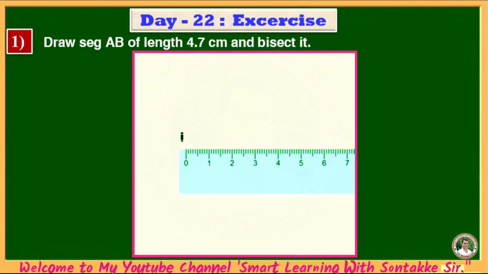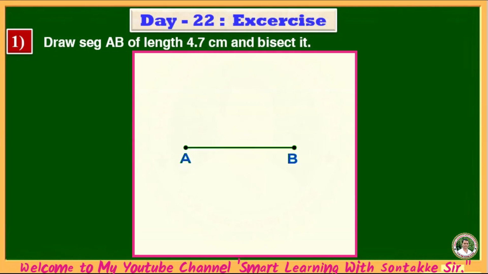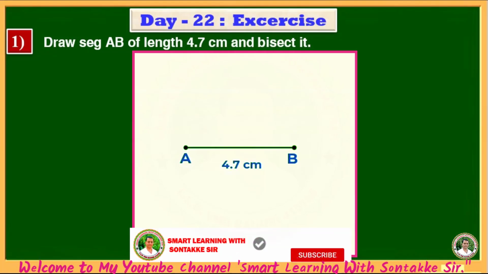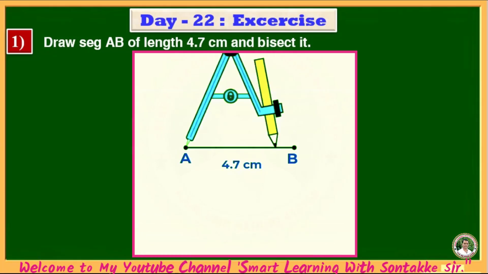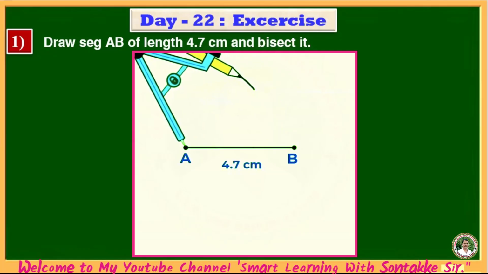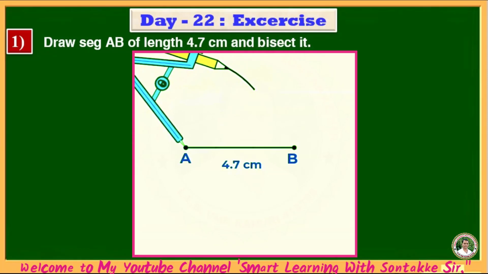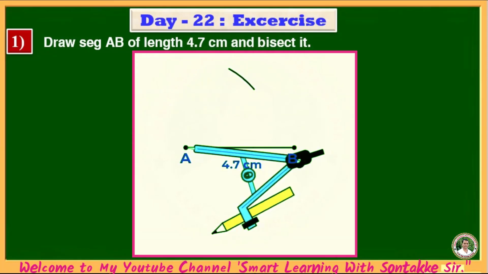First step is, draw segment AB of length 4.7 cm and write the measure 4.7 cm in the figure. Then keep metal point of a compass on point A and take more than half distance AB and draw the arcs on the both sides of the segment AB.